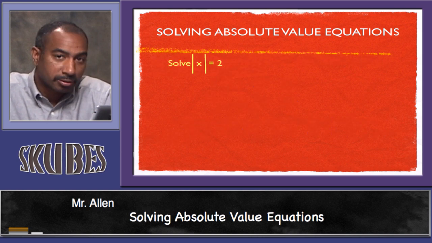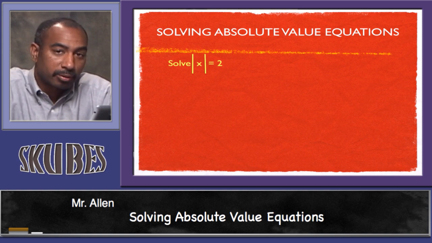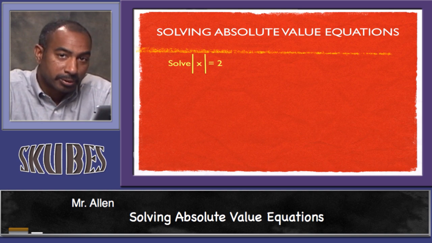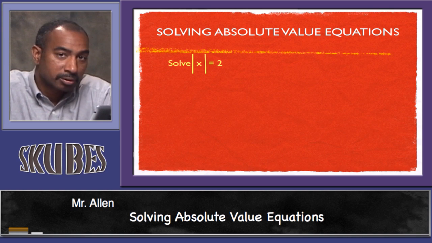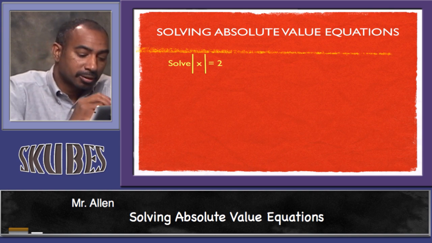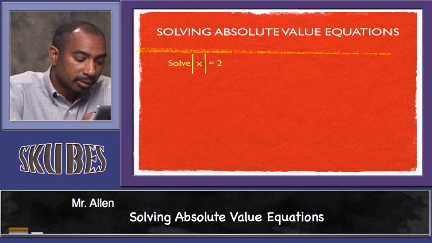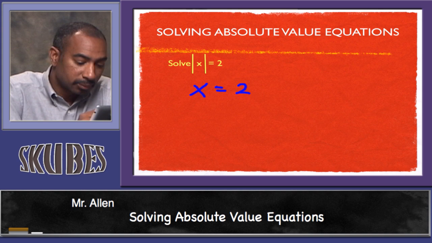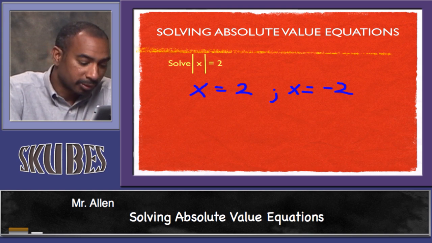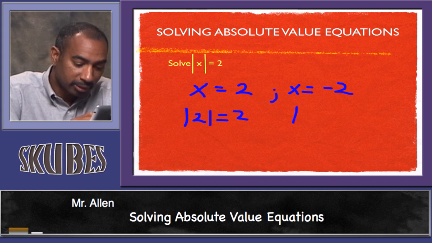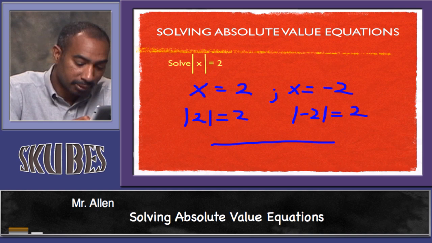All right, solving equations, you've got to keep that in mind. Let's say I have the absolute value of x equals 2. We're asking what numbers have a distance of 2 to 0 to satisfy that equation. So in this case, x could equal 2 or x could equal negative 2, simply because the absolute value of 2 equals 2, and we know that the absolute value of negative 2 also equals 2 because of the number line.